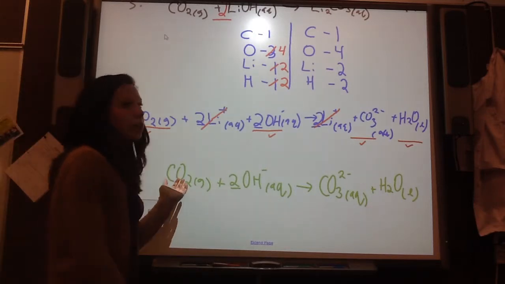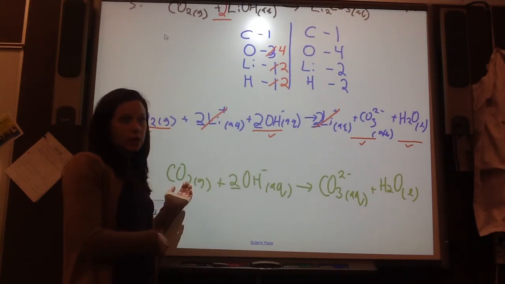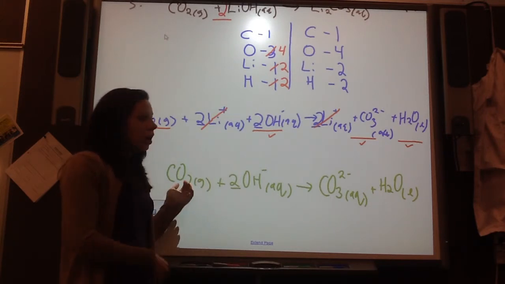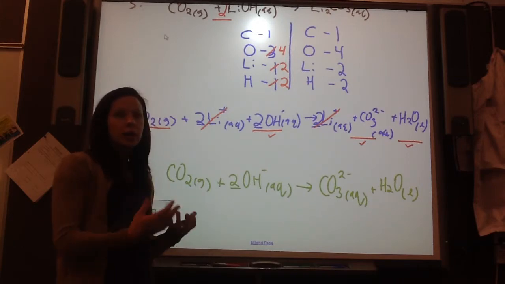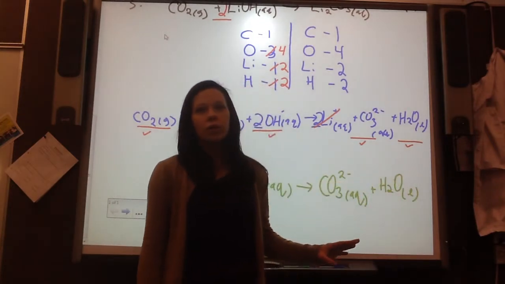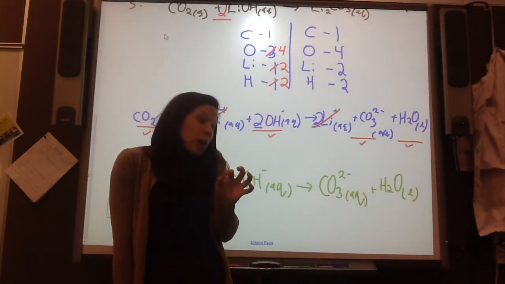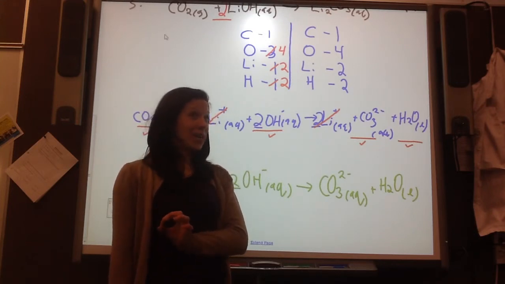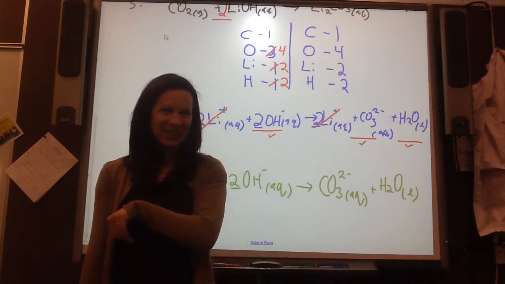Because they're molecular, even if they dissolved, they would just be aqueous. Since they're molecular compounds, you don't break these down because they don't dissociate or ionize. Water is a weird one because it actually does ionize, but just don't worry about that until Chem 30, okay?